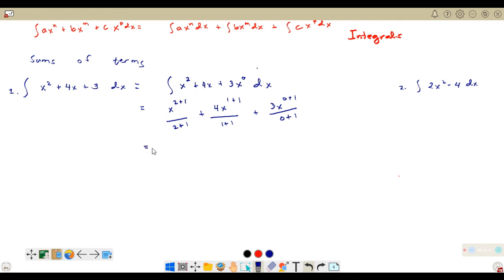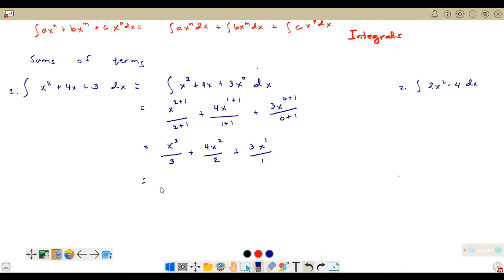Now, let's simplify. We have x raised to the power of 2 plus 1, edi x raised to the power of 3 over 3 plus 4x raised to the power of 2 over 2 plus 3x raised to the power of 1 over 1.